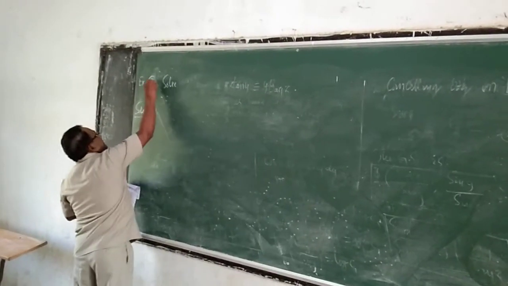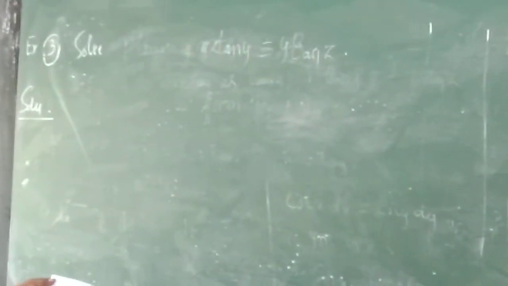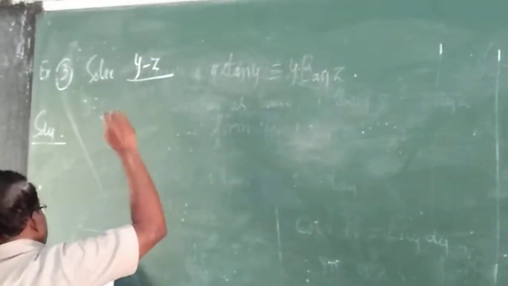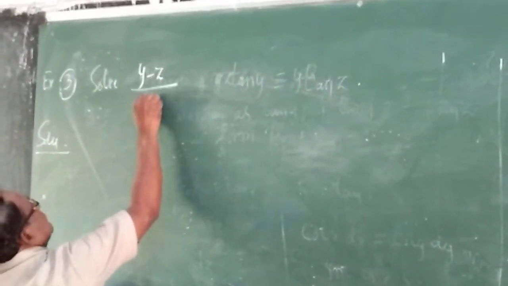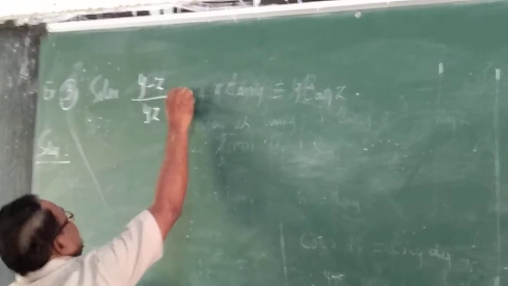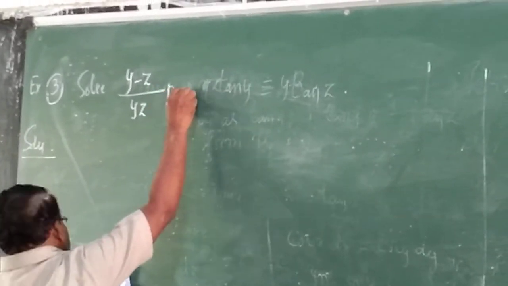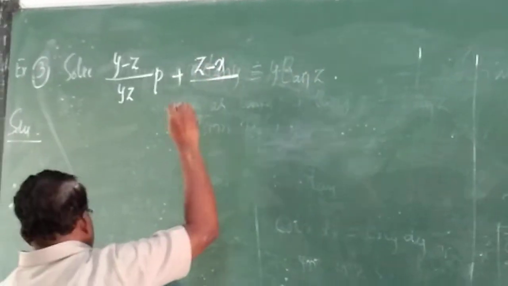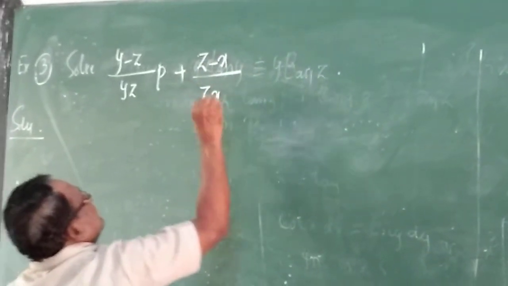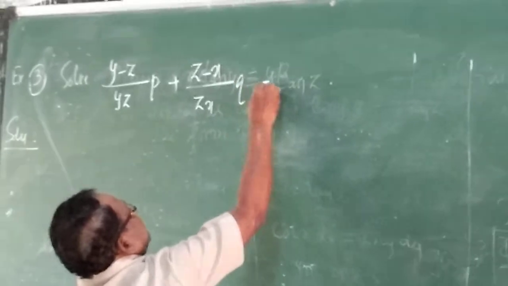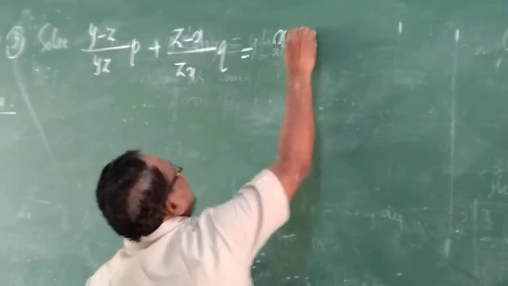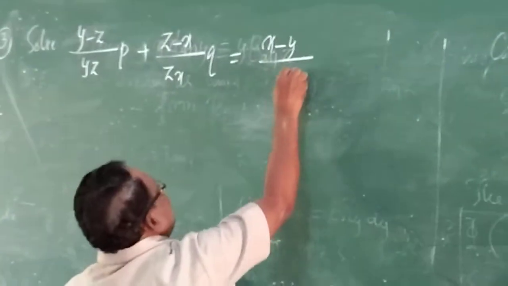Solve (y minus z) by yz into p plus (z minus x) by zx into q is equal to (x minus y) by xy.